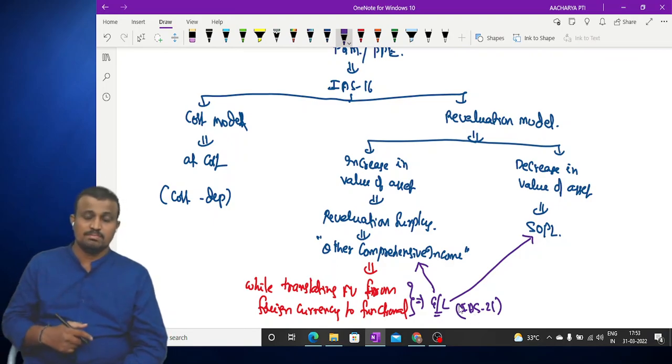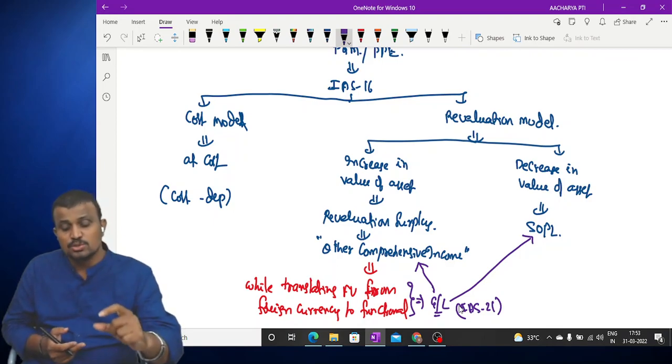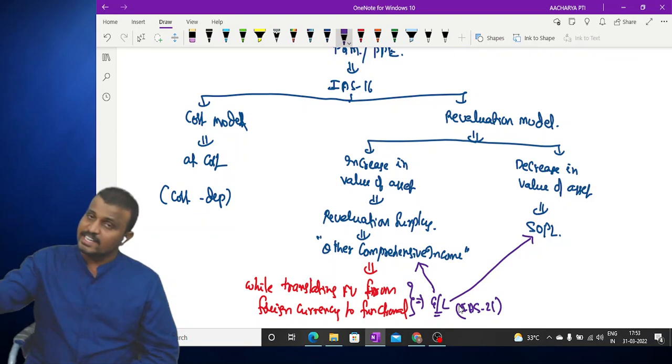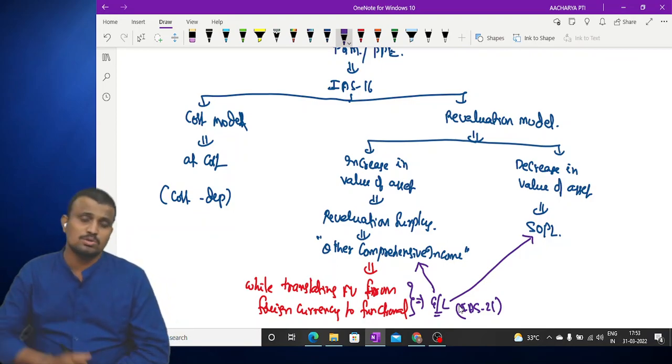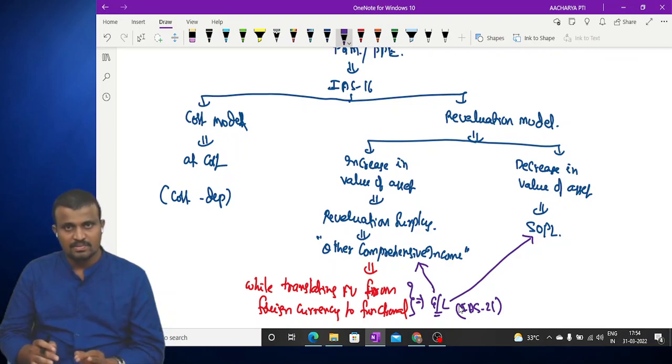The gain or loss relating to revaluation surplus is shown under other comprehensive income. If the gain or loss relates to the decrease in value of an asset, we show it under the statement of profit and loss. I hope you understood the topic.